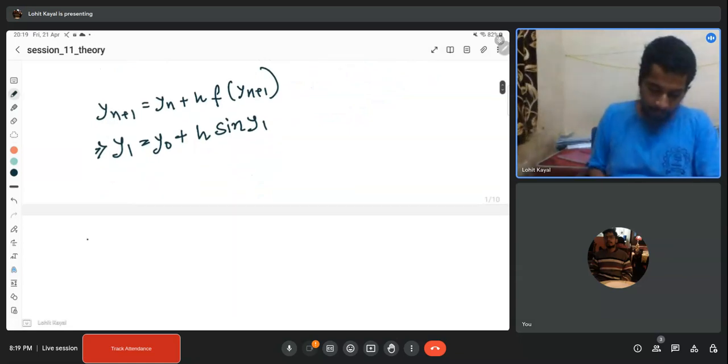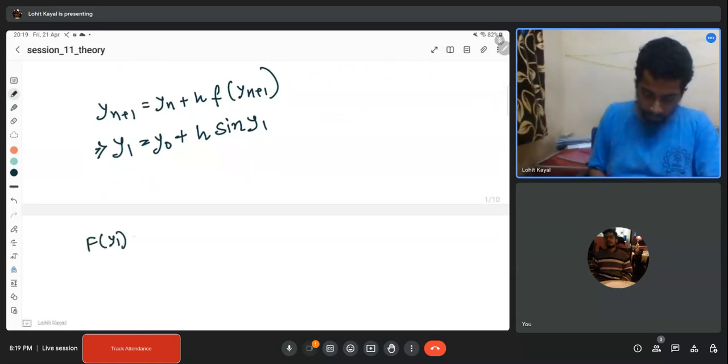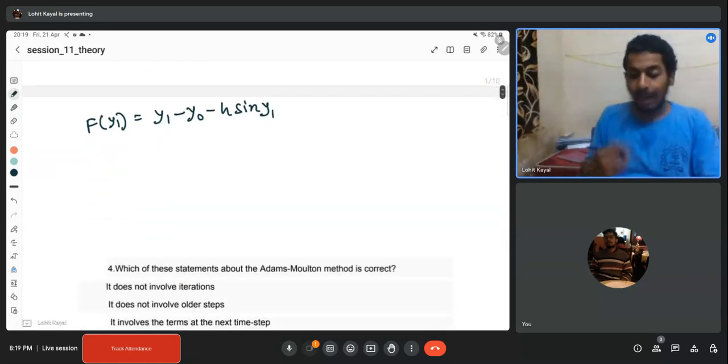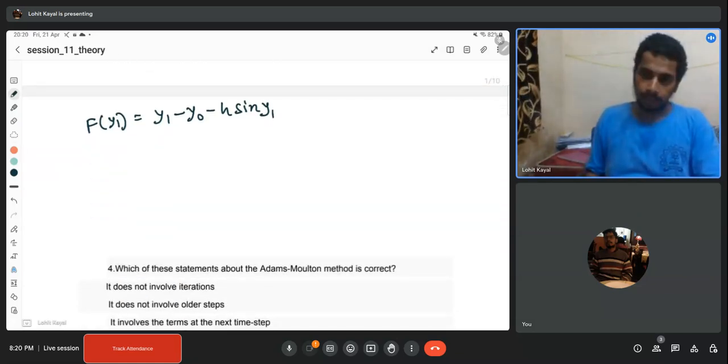We can define a function f of y1 equal to y1 minus y0 minus h sine y1, and use the Newton-Raphson technique to solve the problem.